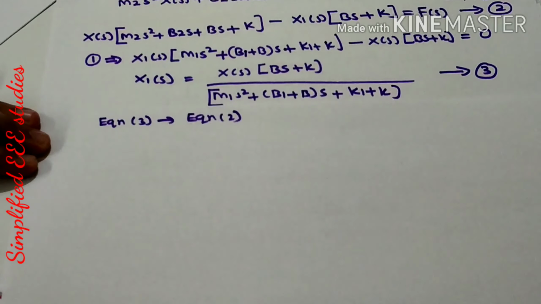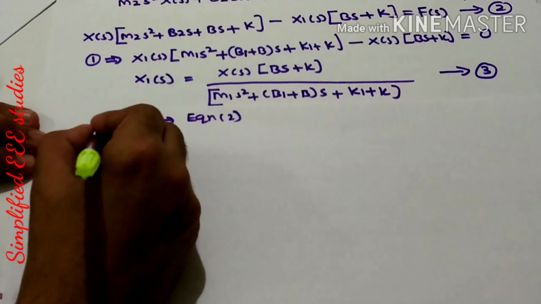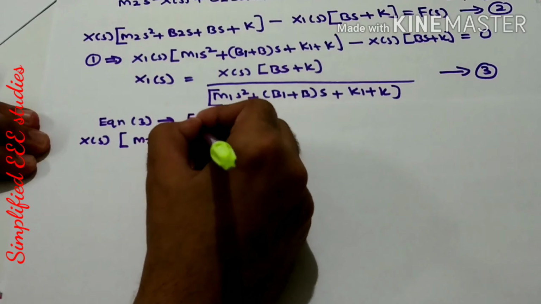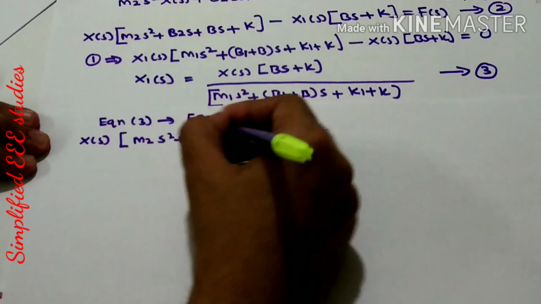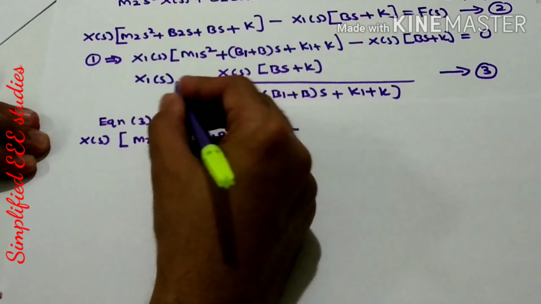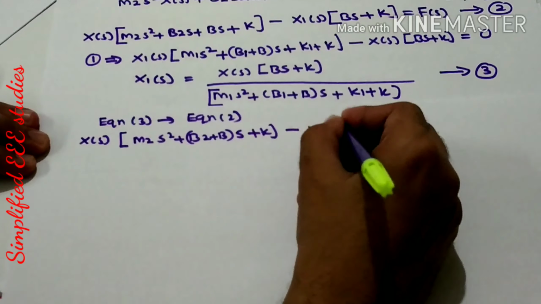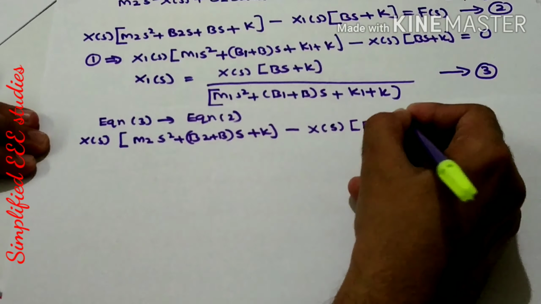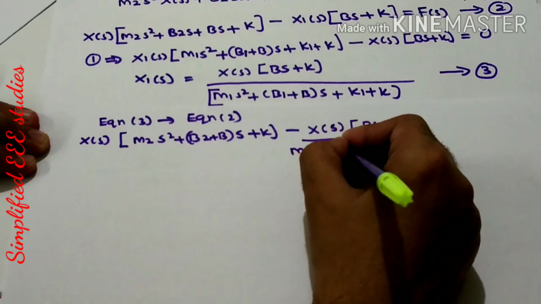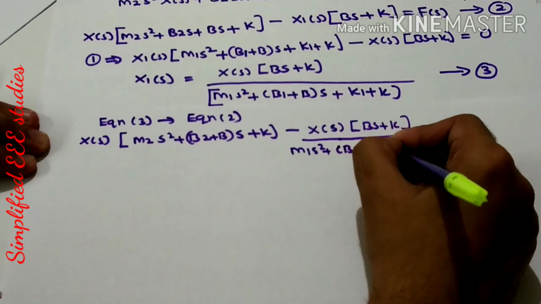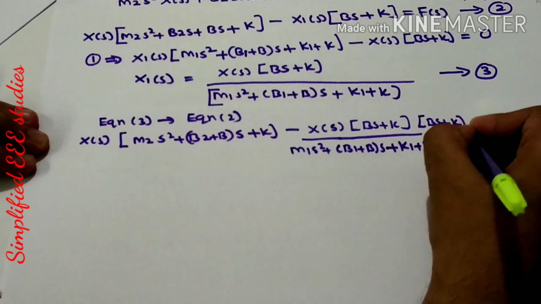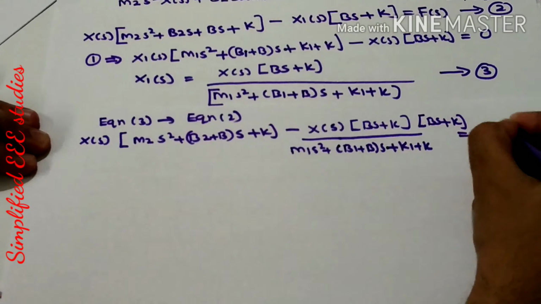So let us rewrite: x of s into m2 into s square plus b2 plus b into s plus k minus, instead of x1 of s, you can substitute x of s into bs plus k divided by m1 s square plus b1 plus b into s plus k1 plus k, into bs plus k, that is equal to f of s.